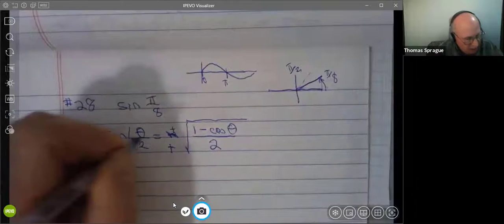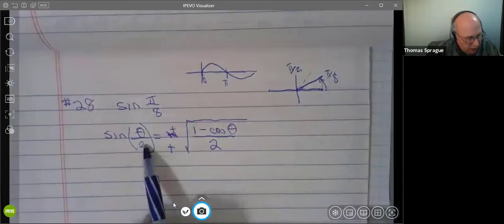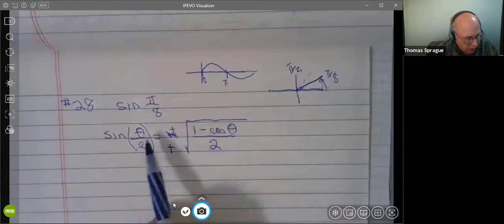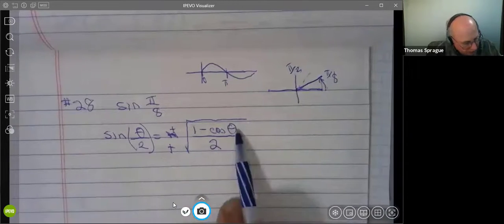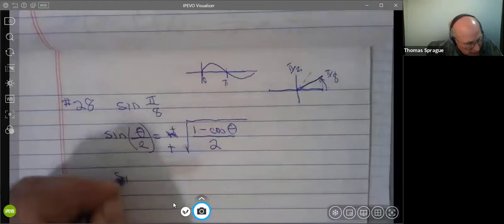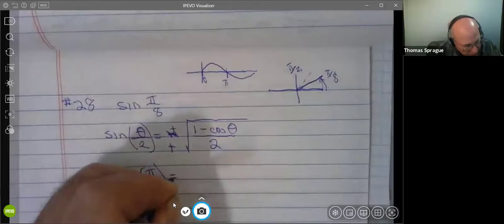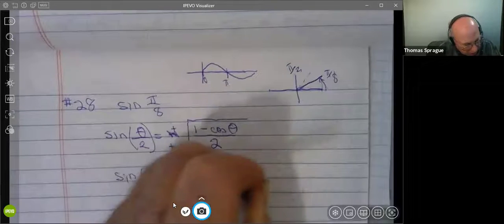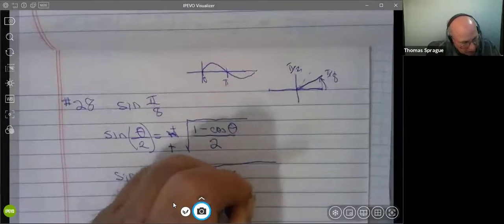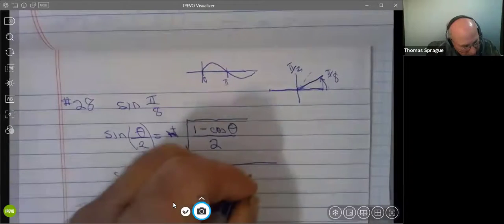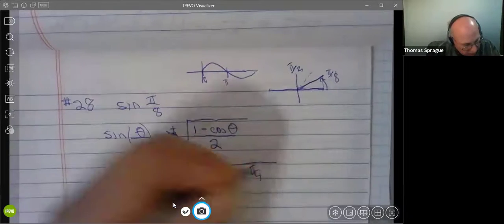So what good does this do us? Well, this angle is just half of that one. In other words, start with this and double it to get that one. So the sine of pi over 8 is plus the square root of 1 minus cosine of twice that angle, twice pi over 8 is pi over 4, all over 2.